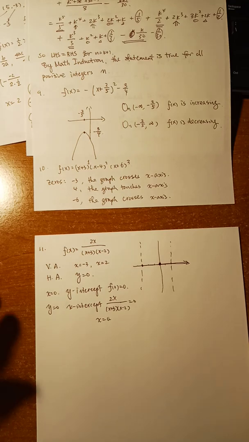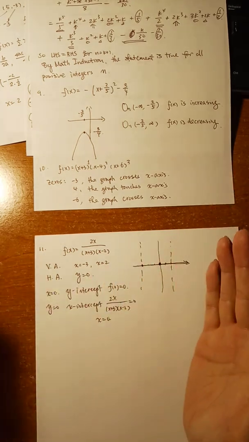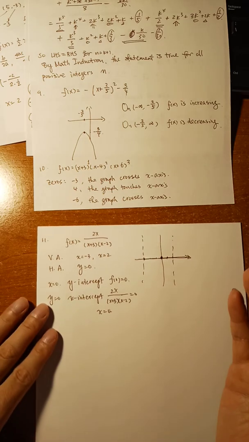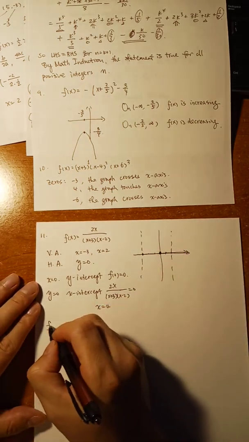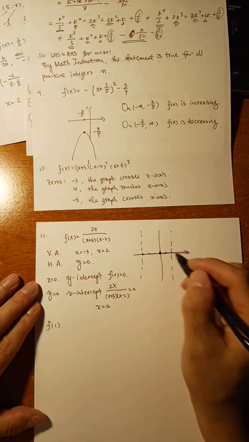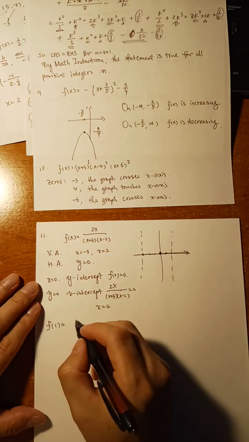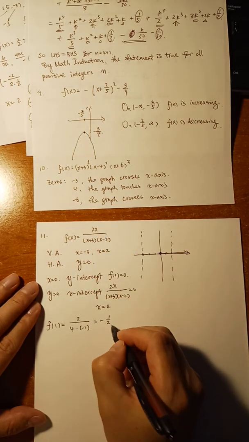All right? And then if you want to draw the graph, sketch the graph, you're going to check points. For example, here's 0. Let's check f(1), f(negative 1), f(negative 2). f(1) is 2 over 4 times negative 1, which is negative 1/2.